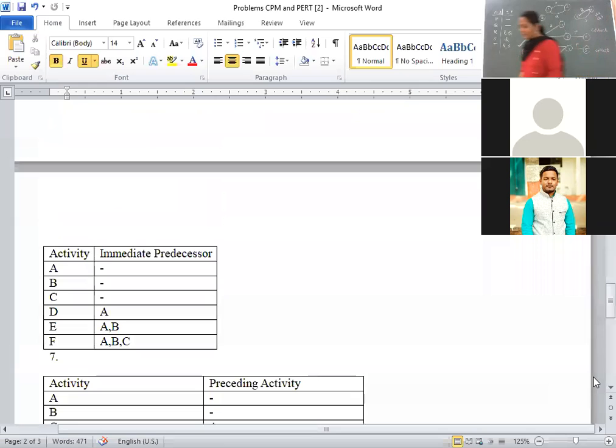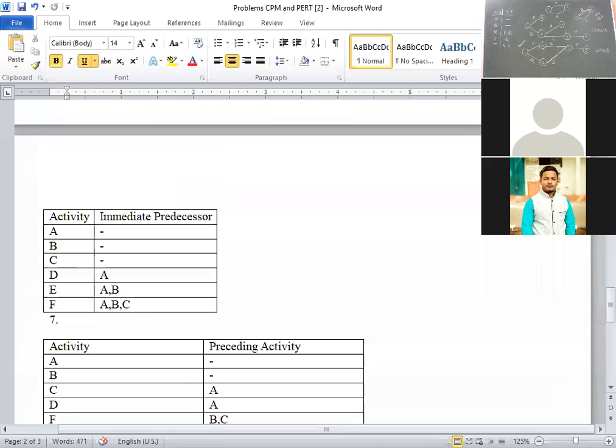Try to draw this network diagram. A, B, C, D, E, F. Try to draw. How many dummy activities you got?